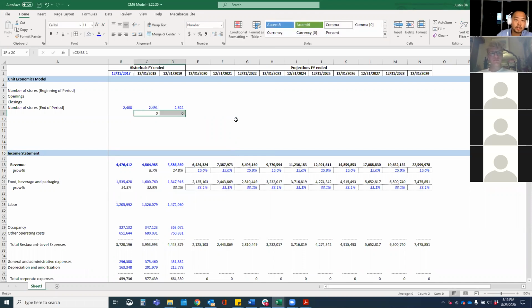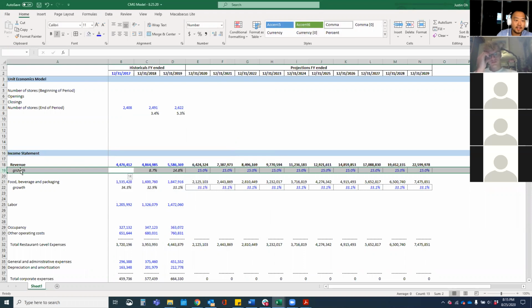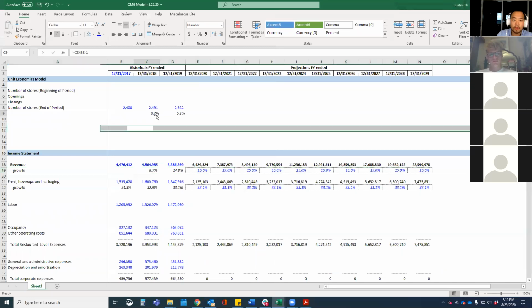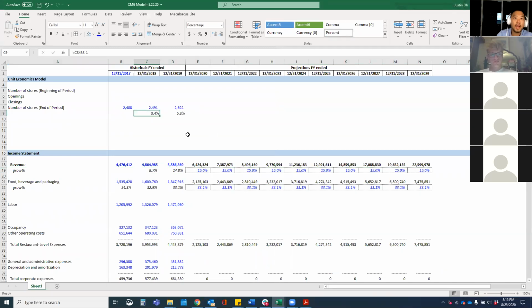In restaurants, there's a concept called same store growth and new location growth. When you see growth here, the nominal growth number hides what's actually happening. What we really care about is same store growth, meaning if you didn't open a single additional restaurant, is revenue growing per store? If you only had one store, is the revenue for that store growing?